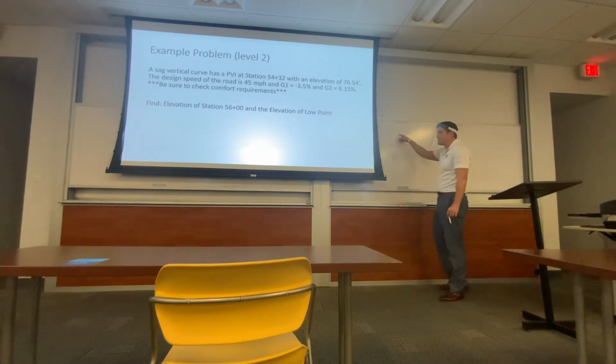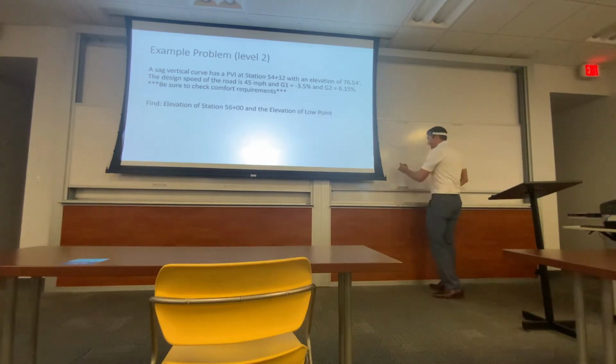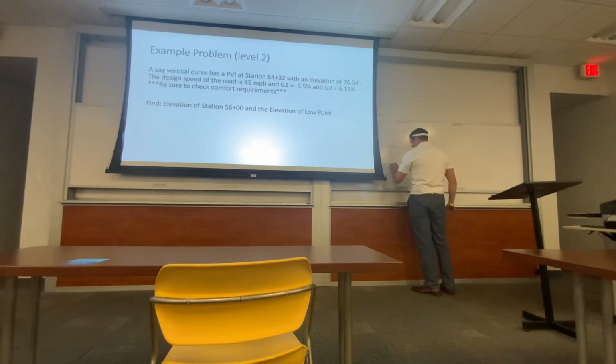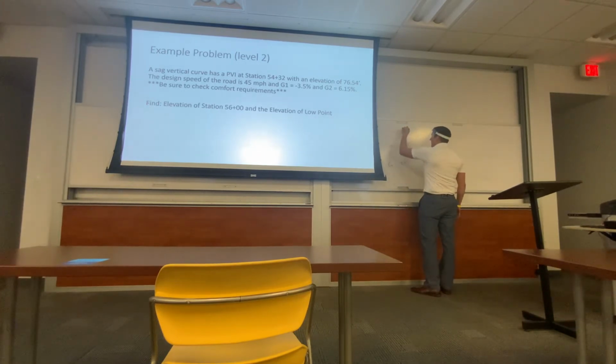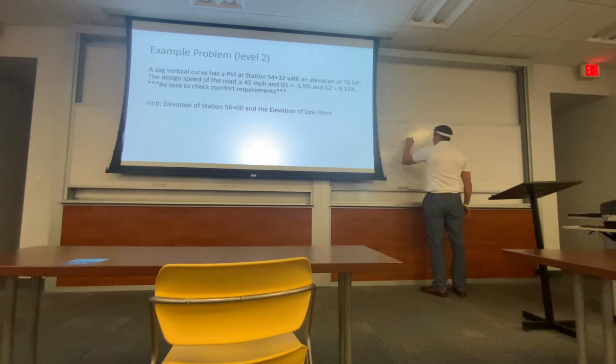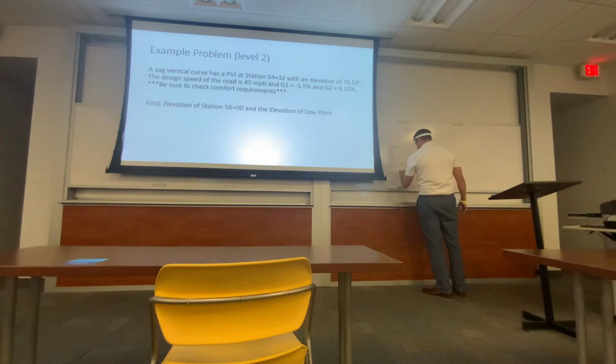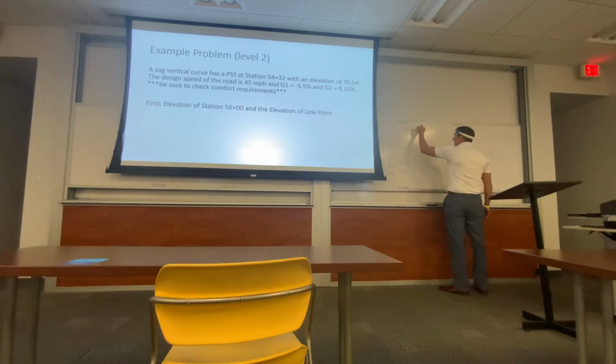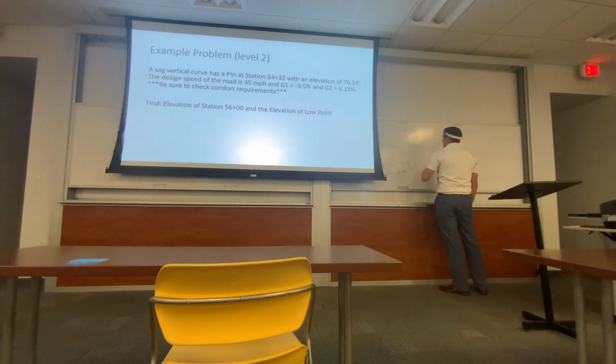All right, what is the station for PVC from last class? 50 plus 22. 50 plus 22, and PVT? 58 plus 42. Okay, and that means that L is 820.